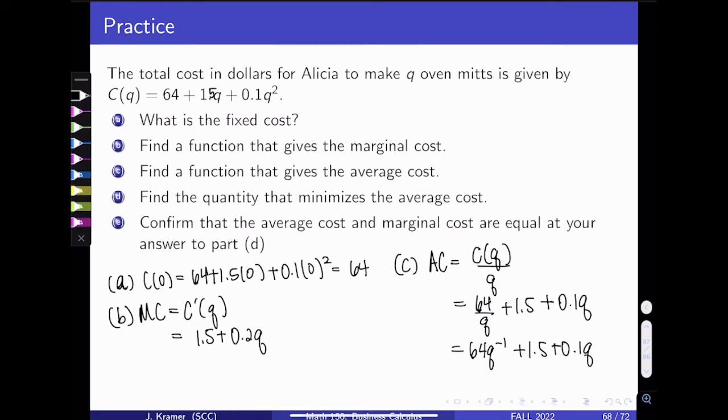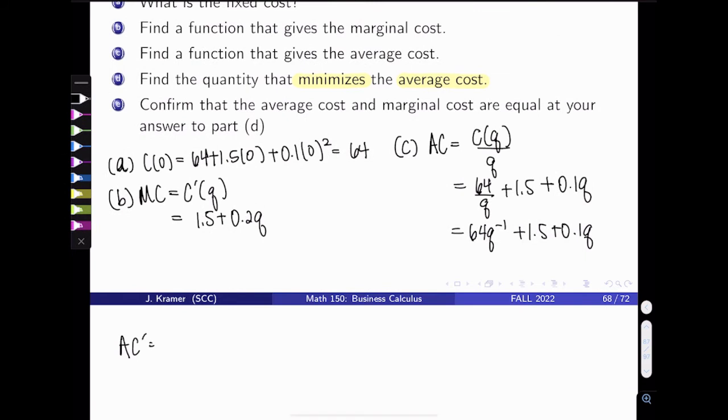Part D says to find the quantity that minimizes the average cost. So here's our objective. It's to minimize our average cost. That tells us that we'll want to take the derivative of the average cost function. The derivative of the average cost function will be negative 64Q to the negative 2 plus 0.1, and we'll write this back as negative 64 over Q squared plus 0.1.